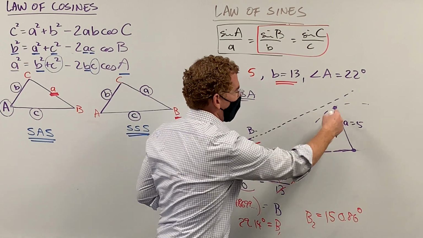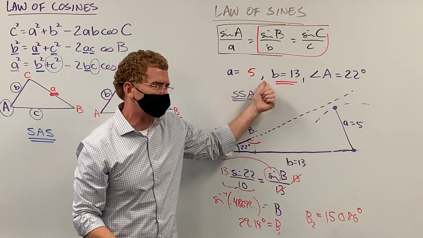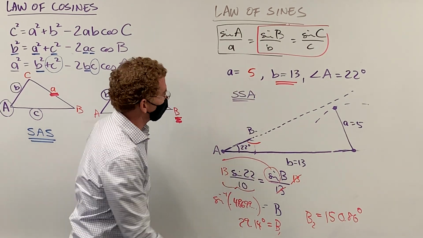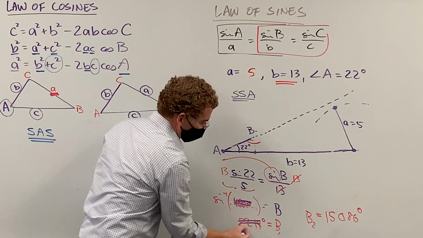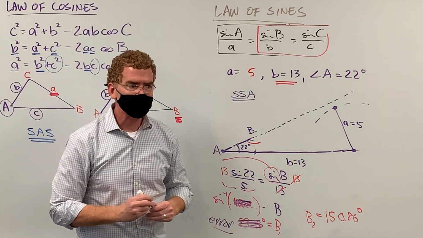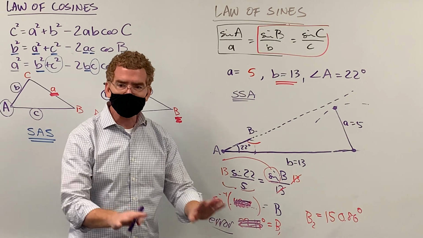B is 13. It's too small. You're not going to know that just by looking at this. I mean, you might have a hunch, but you don't really know. But when I type this in my calculator, guess what my calculator gives me when I have a 5 right here? It gives me error. And when your calculator says error, assuming you've done the math right, that just means there's no triangle at all from that information. Are y'all tracking with me?